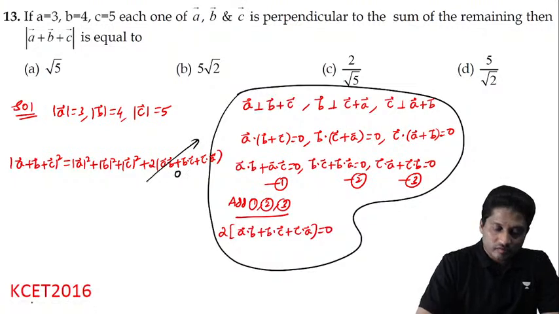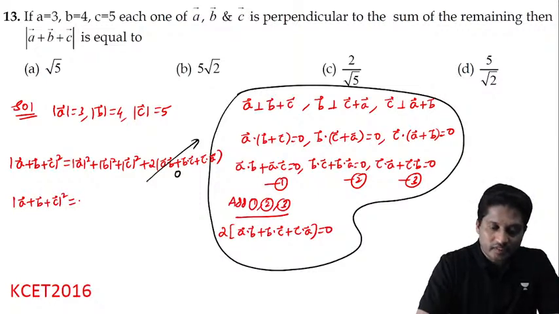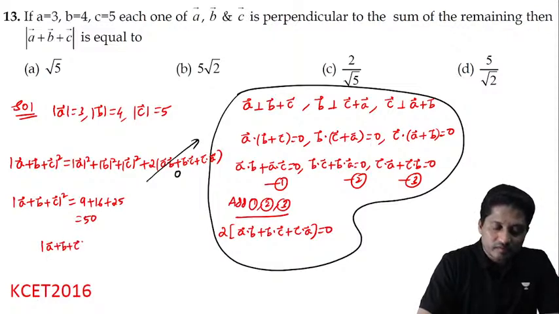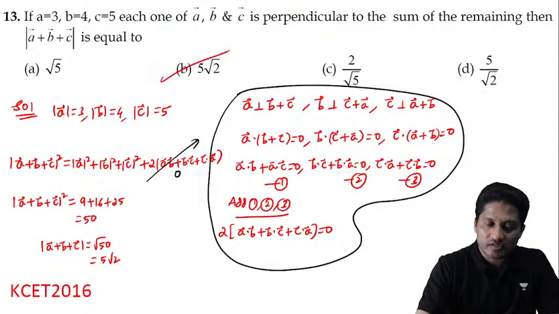So modulus of A plus B plus C whole square is equal to 9 plus 16 plus 25, which is 50. Taking the square root, modulus of A plus B plus C is equal to root of 50, which can be written as 5 root 2. Answer is option B.